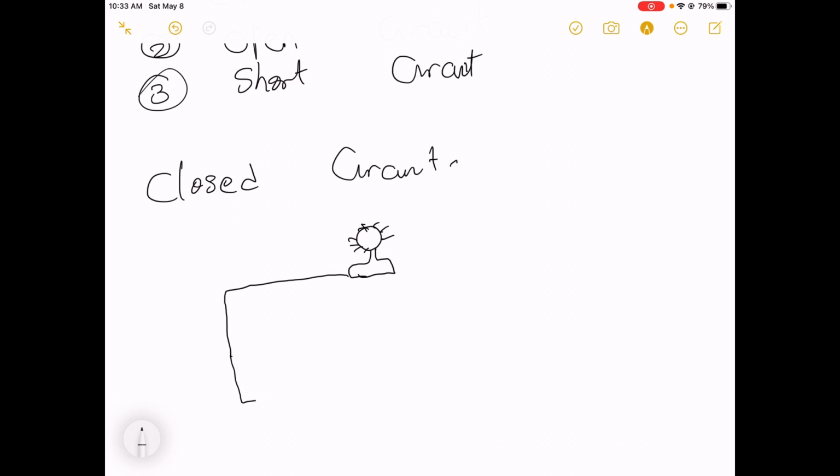There's a wire that comes through the lamp. Let's say this is our switch. Now the wire passes through here. And let's say this is our battery.